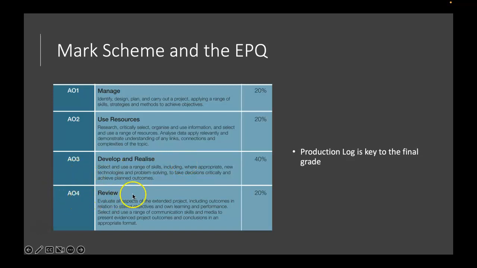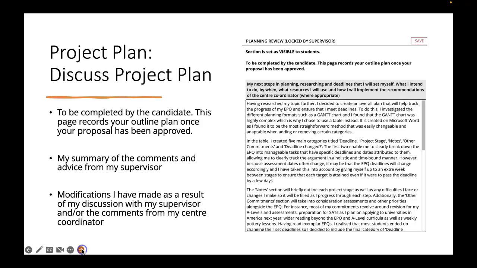Finally, AO4 is the critical review, where they look at their performance, learn from it, and move on to different things. It's really important that they write to the examiner and give them enough information and detail so that they can really give an insight into the shape and the direction of the project.